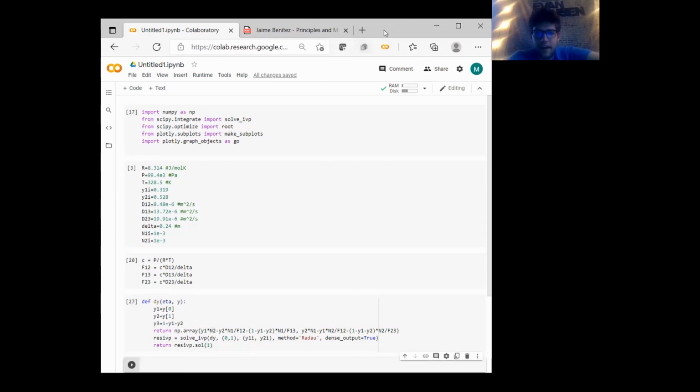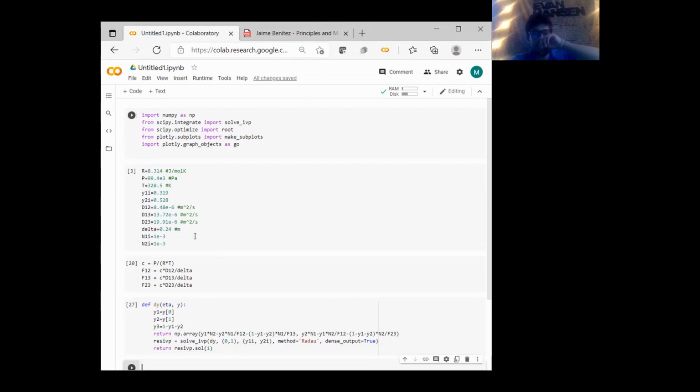Okay, so with that, we know that our values are not 0 for our mole fraction of both acetone and methanol.